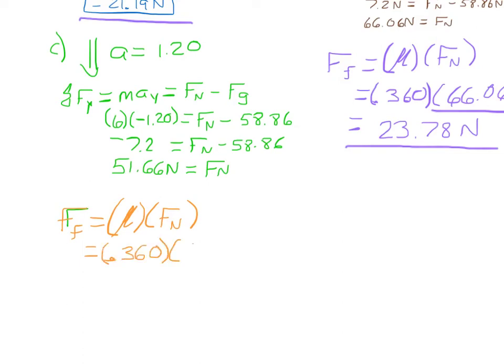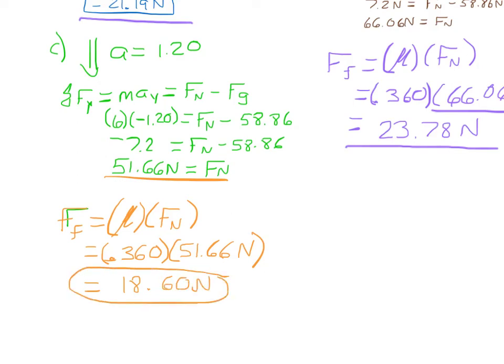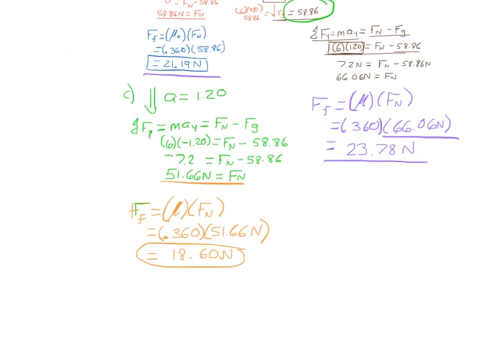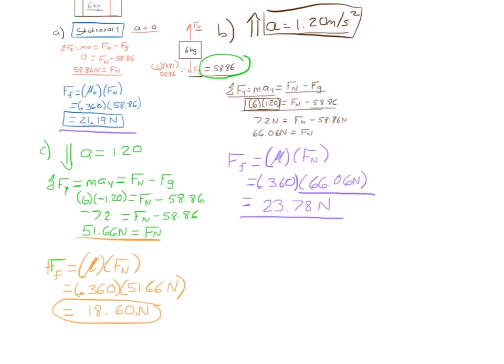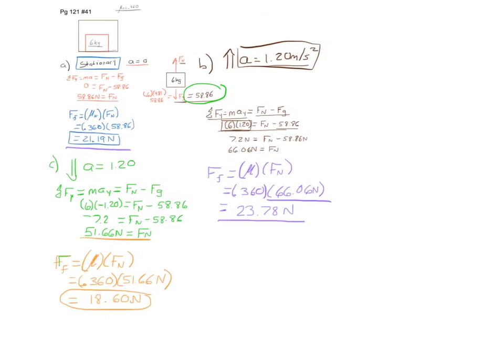Now our normal force is 51.66 newtons, right? We got it from there. So we get our force of friction, if this box was indeed moving, is 18.60 newtons. So there we have our A, B, and C for this particular problem.